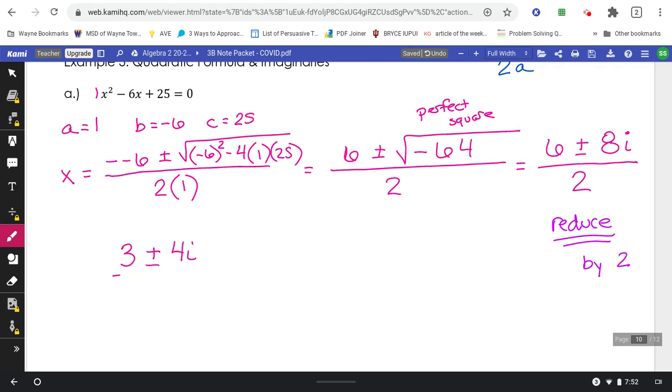And 2 divided by 2 is 1. Most of the time in math, we do not write a 1 underneath a fraction. So the best way to write your answer is 3 plus and minus 4i.